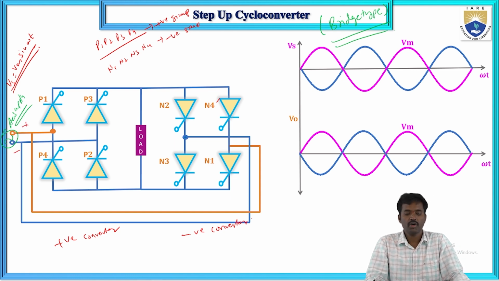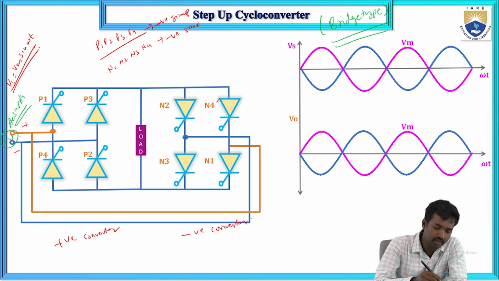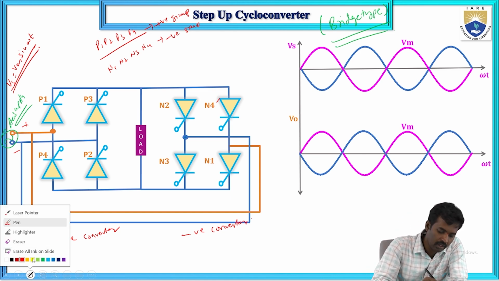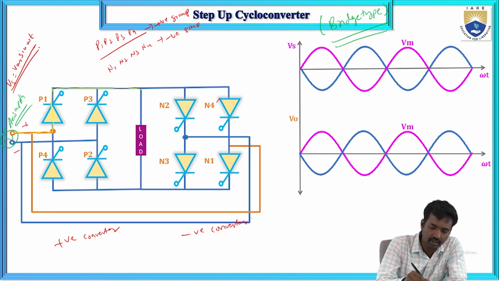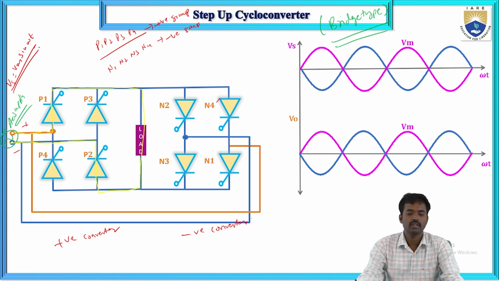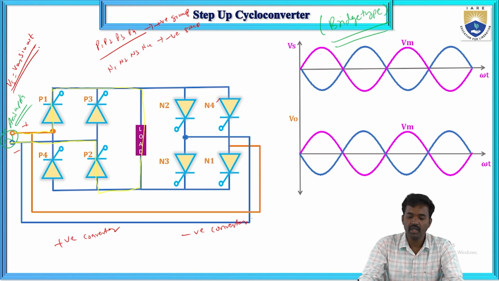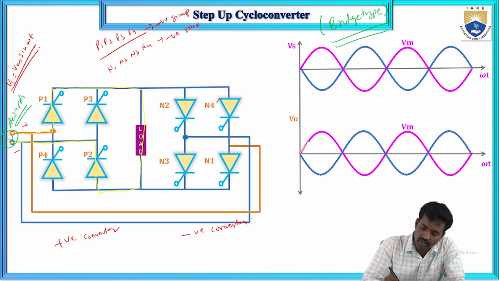So during the positive half cycle, P1, T1, and again the load, and come back to the supply. So here P1 and P2 switches will conduct.